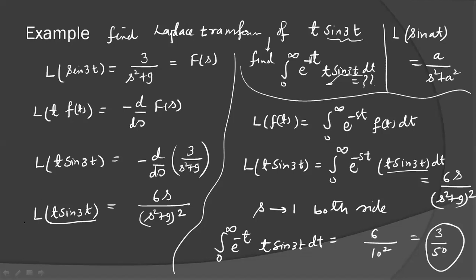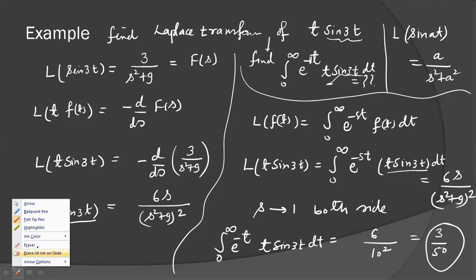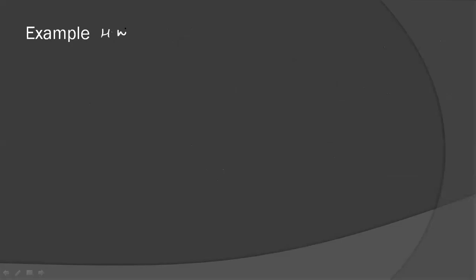I'm giving you some homework also using this property. Homework. Find Laplace transform of, first, t sine 4t. Second, I am giving you t square cos 3t.